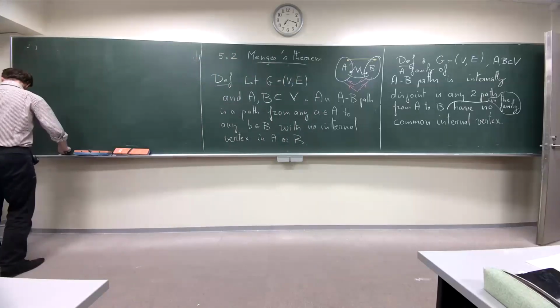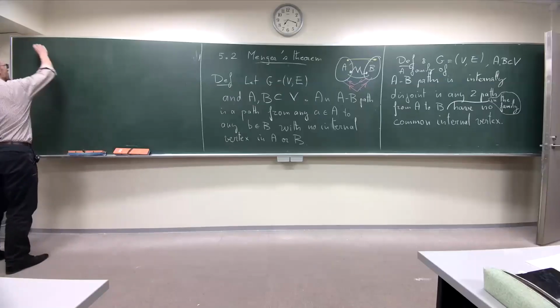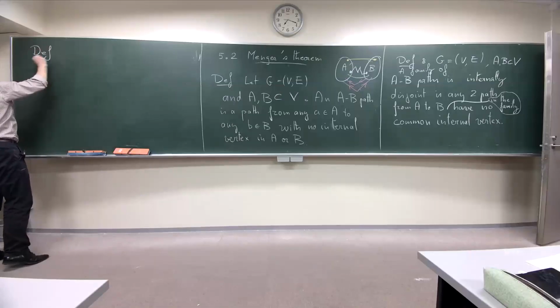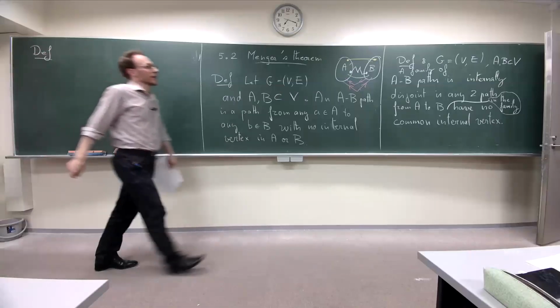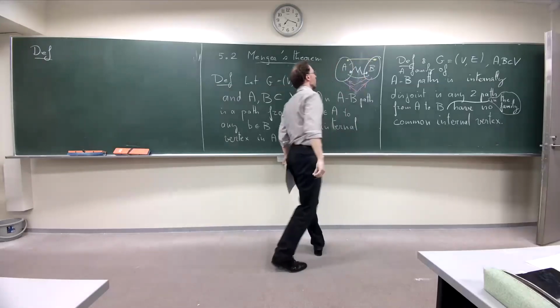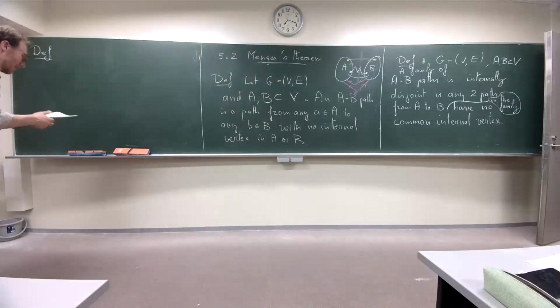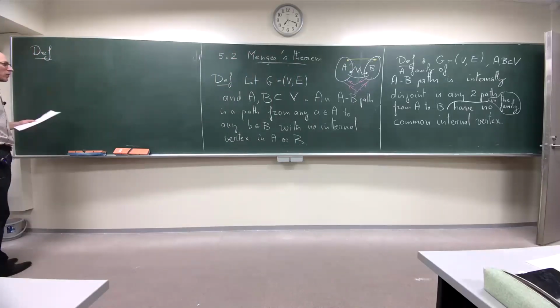Last definition I need. What is the notion of separator? The thing is, we want to, in a sense, cut the graph here. On this picture it's easy, but things can be more complicated than this.